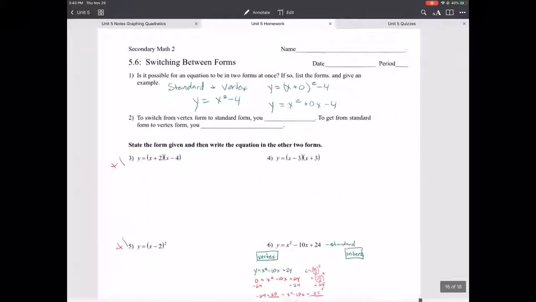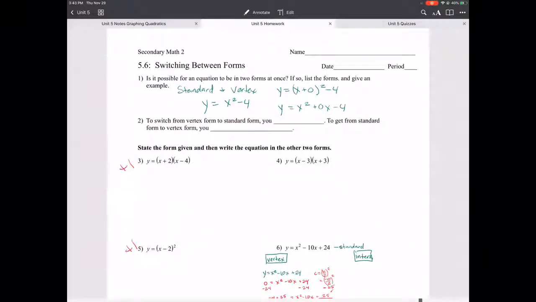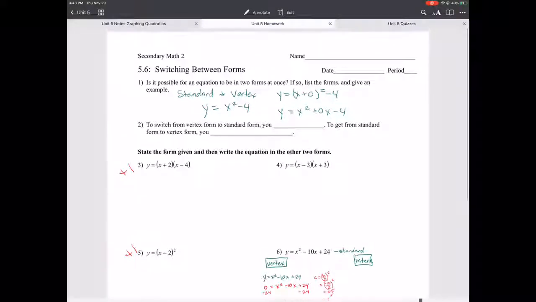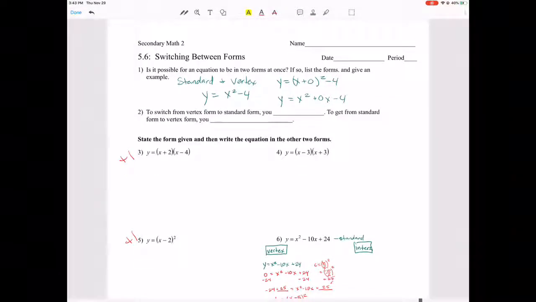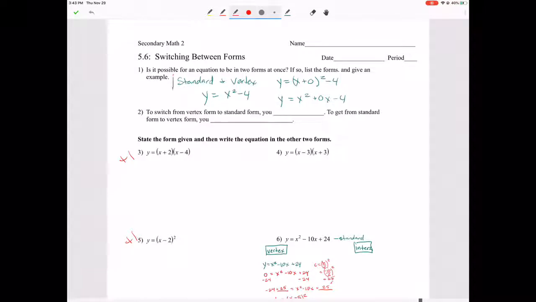So, first off, is it possible for an equation to be in two forms at once? If so, list the forms and give an example. All right. So there's one that I can think of. If you come up with another one, let me know. That would be cool. It will be standard form and vertex form.